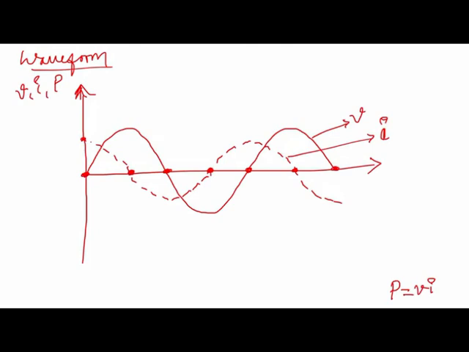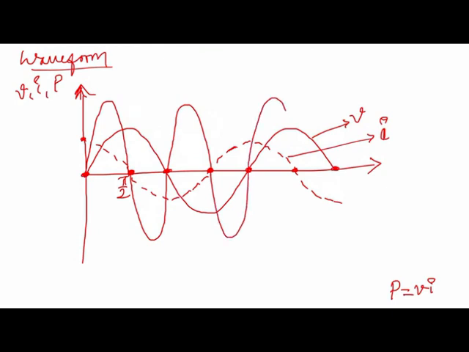So between 0 and 90 degrees, both are positive, so positive into positive gives positive power. Between 90 and 180 degrees, voltage is positive and current is negative, so positive into negative is negative. Then both are negative, and negative into negative gives positive again. Then positive into negative gives negative, and positive into positive gives positive.